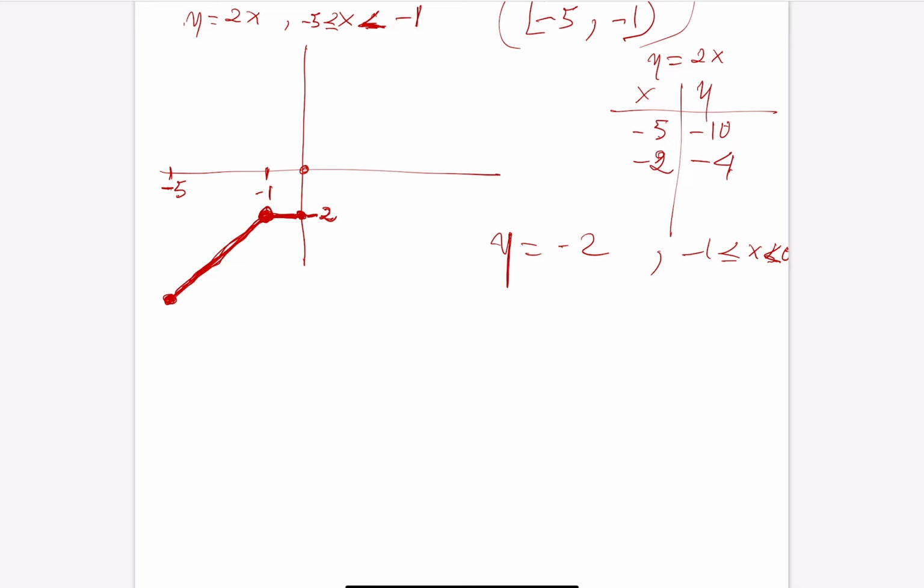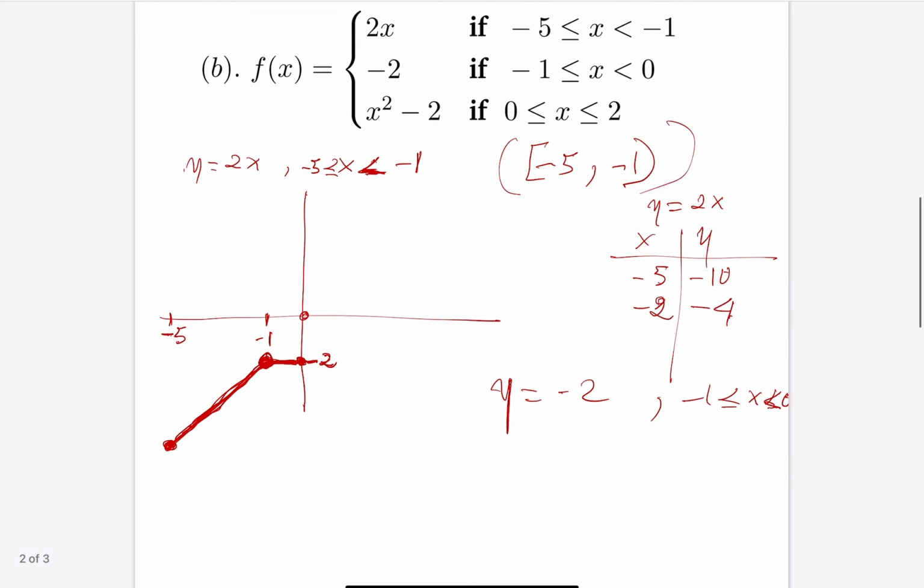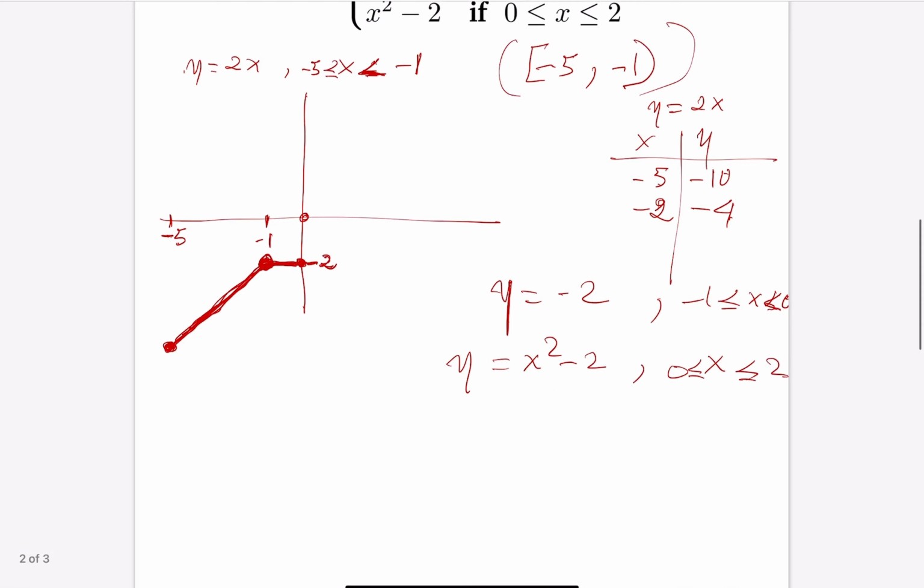Good. Now the last one is this one. You have y is equal to x squared minus 2 if x is between 0 and 2 included. So the interval here is from 0 to 2 included.